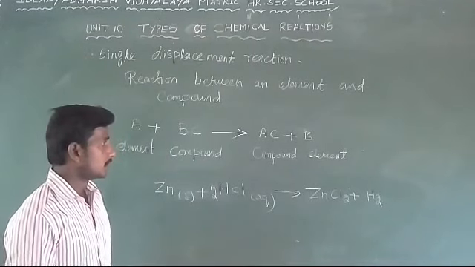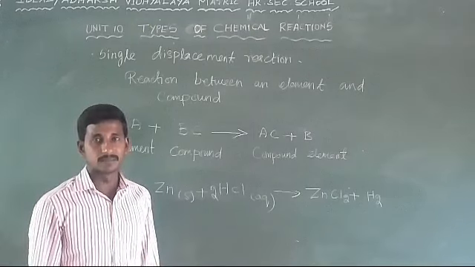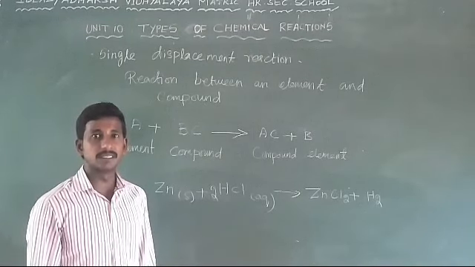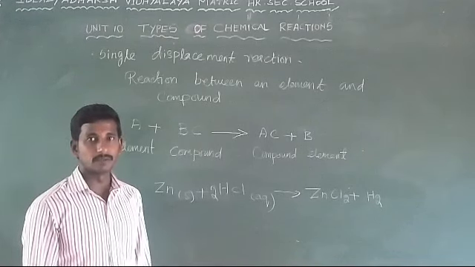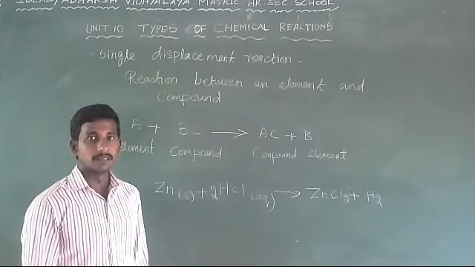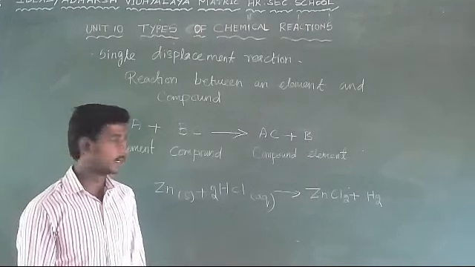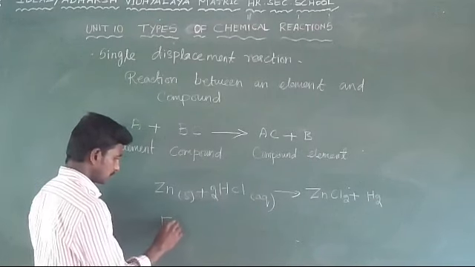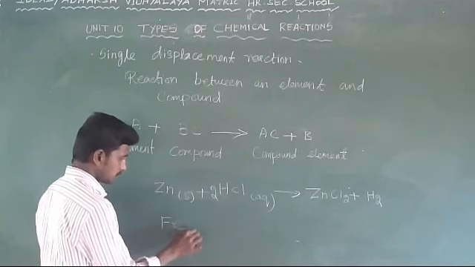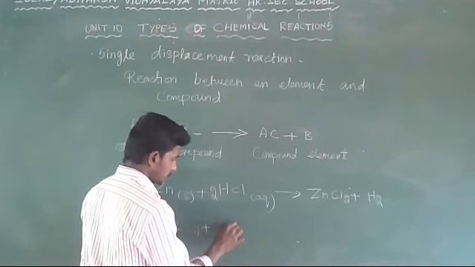Similarly, when an iron rod is kept in copper sulfate solution, it forms iron sulfate and copper. That is, iron solid plus copper sulfate solution.